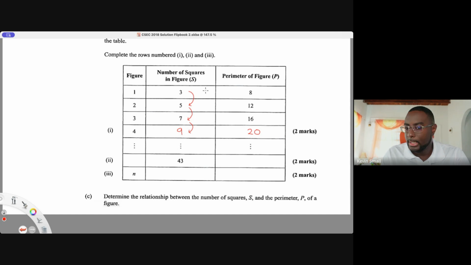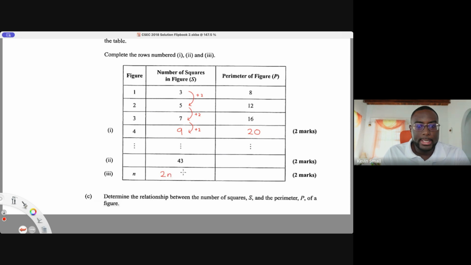The common difference is 2. So I'm adding 2 each time. Okay, good. So whenever you are trying to find the formula, remember this common difference goes in front. So this goes in front, 2n.